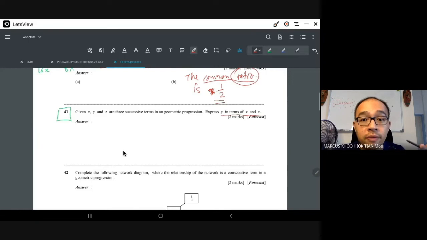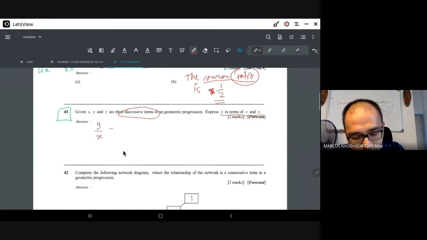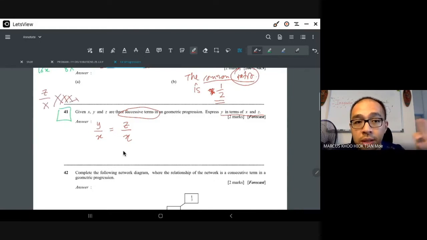That's because you have to understand that in a geometric progression, if it is successive, the common ratio is the same. I can state that Y divide by X equals Z divide by Y. The number in front divide by the number at the back. Don't do Z divide by X. That is unrelated, absolutely unrelated. Why did you skip Y? Cannot. It must follow the order.